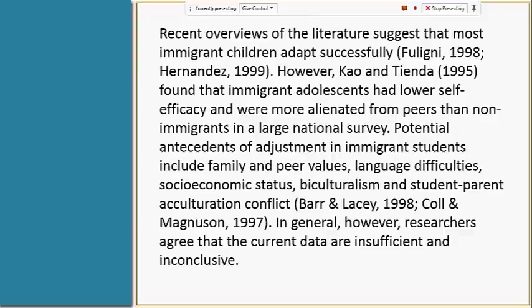However, Cao and Tienda found that immigrant adolescents had lower self-efficacy and were more alienated from peers than non-immigrants in a large national survey. Potential antecedents of adjustment in immigrant students include family and peer values, language difficulties, socioeconomic status, biculturalism, and student-parent acculturation conflict. In general, however, researchers agree that the current data are insufficient and inconclusive.